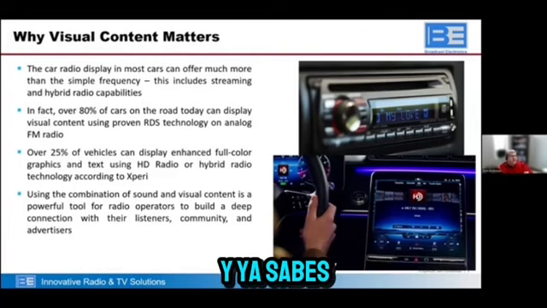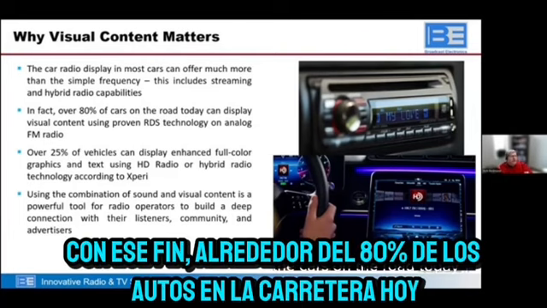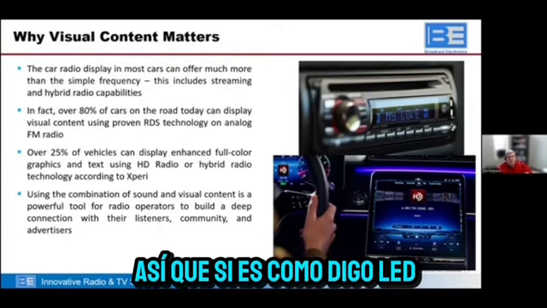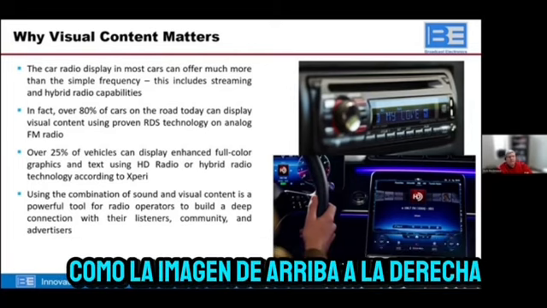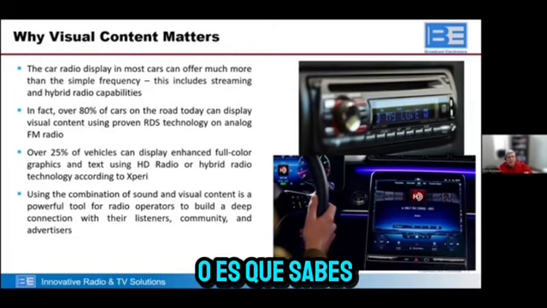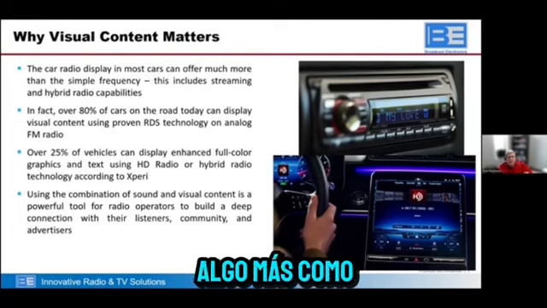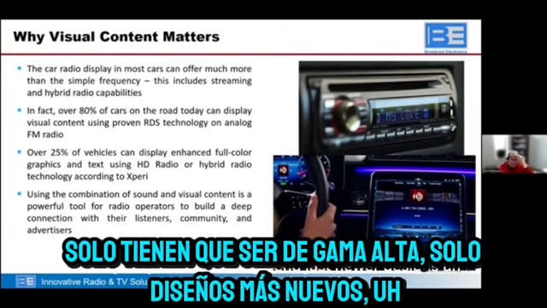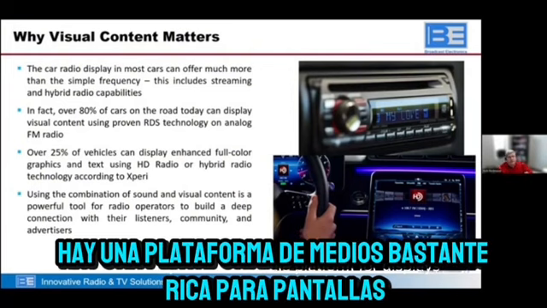And to that end, about 80% of the cars on the road today can see some sort of visual display just on analog radio with RDS. So whether it's LED, like the picture to the top right, or it's something more like a high-end car that's got larger screens in it or a newer, they don't even have to be high-end, just newer designs, there's quite a rich media platform for displays.